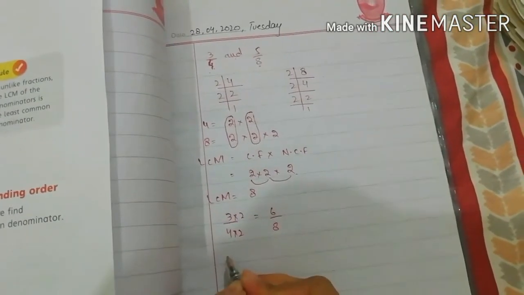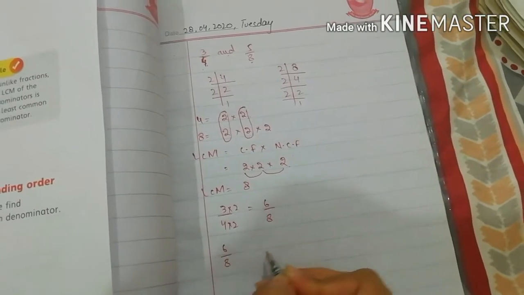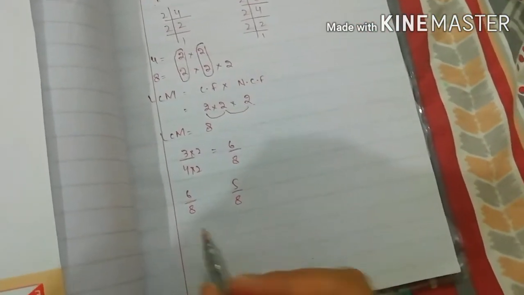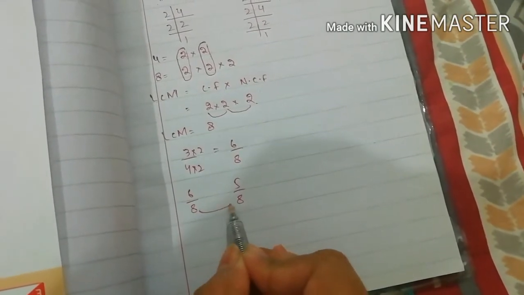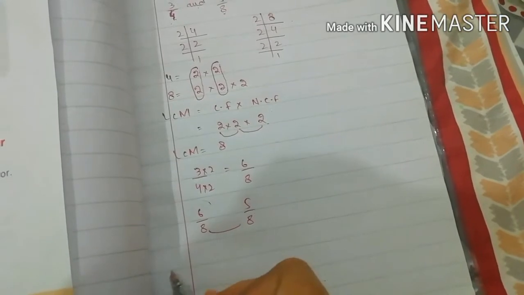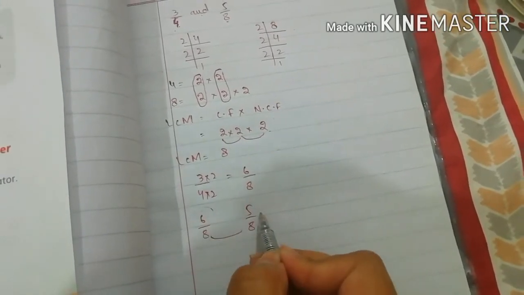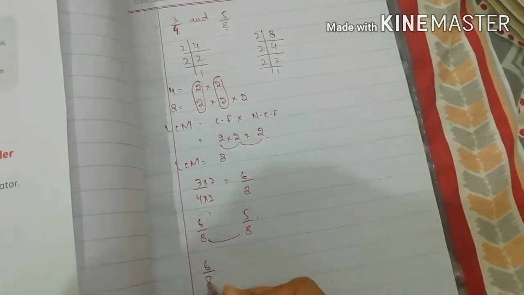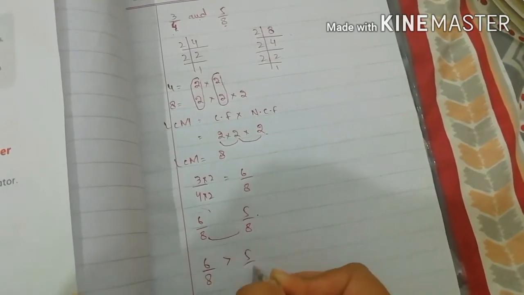Now 6 by 8 and 5 by 8. Now dear student, look, both denominators are same. Now we will compare the numerators. 6 is greater than 5. Yes. So 6 by 8 is greater than 5 by 8.